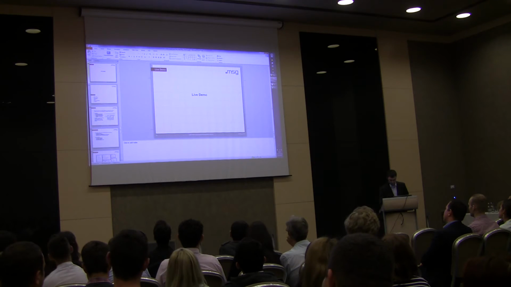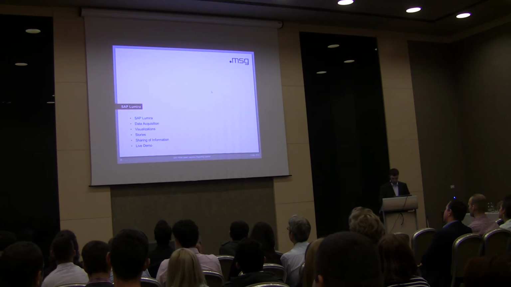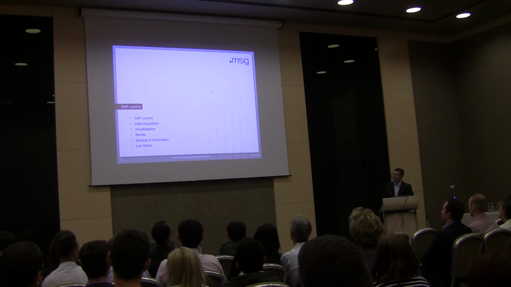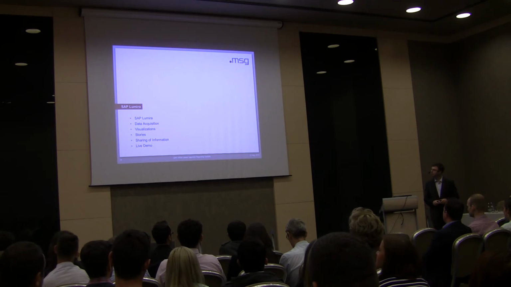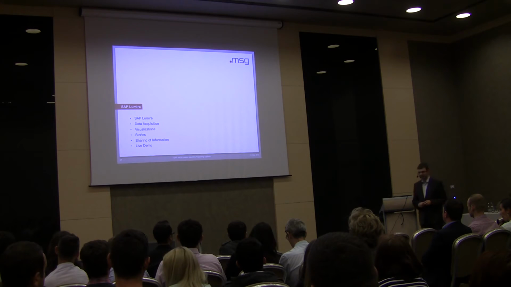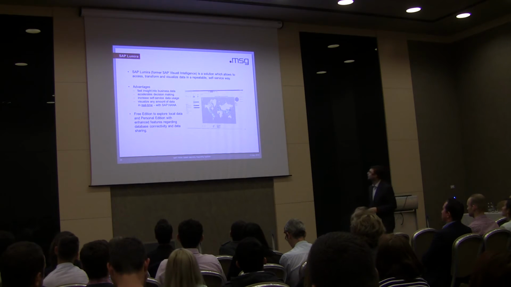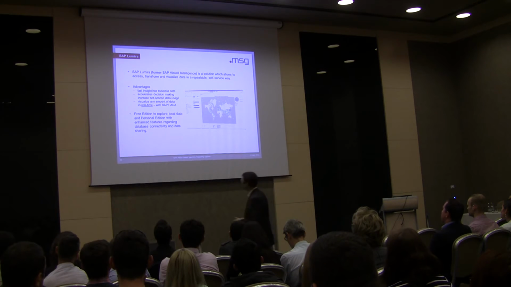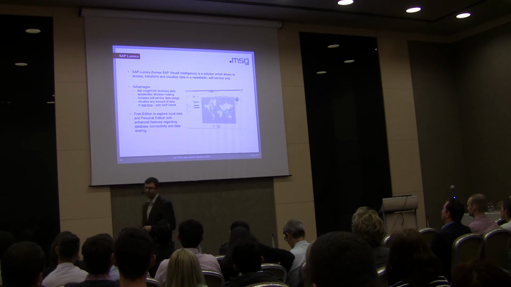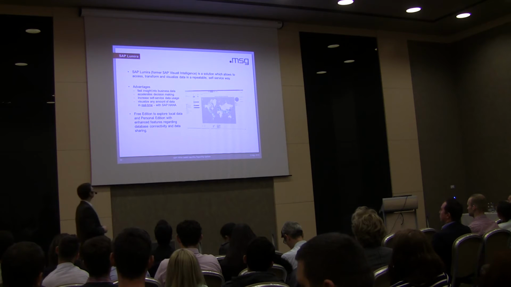Okay, then the last tool I want to show you is SAP Lumira, as I said, formerly known as SAP Visual Intelligence. It is really a tool which allows you to access, transform, and visualize data in a very easy way.